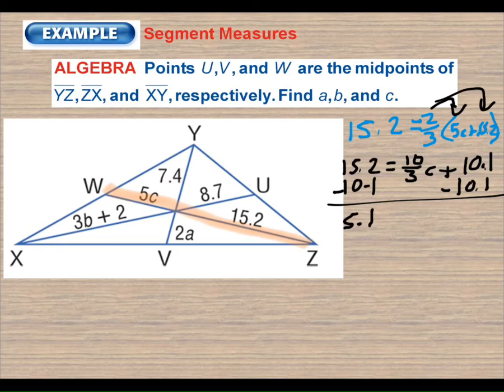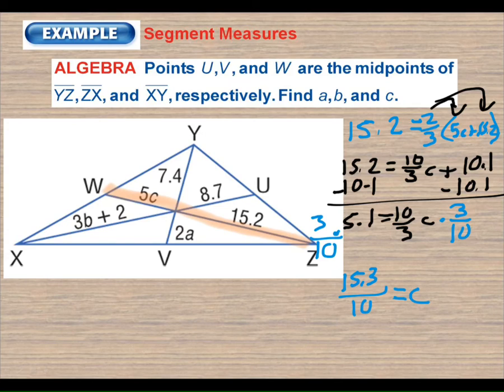So I'm left with 5.1 equals 10/3 C. So then to solve this, I'm going to multiply both sides by the reciprocal to get C by itself. So multiply by 3/10 here, by 3/10 here. That's going to be like 15.3 divided by 10. It's going to be like 1.53.